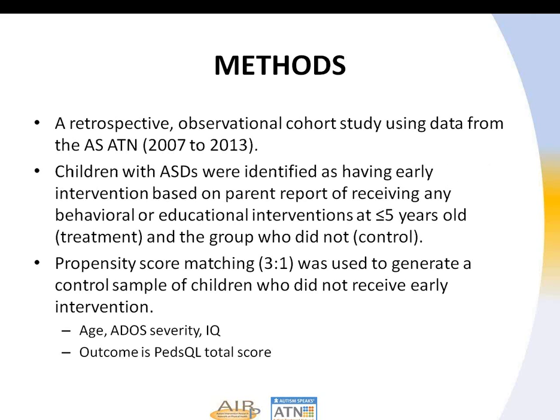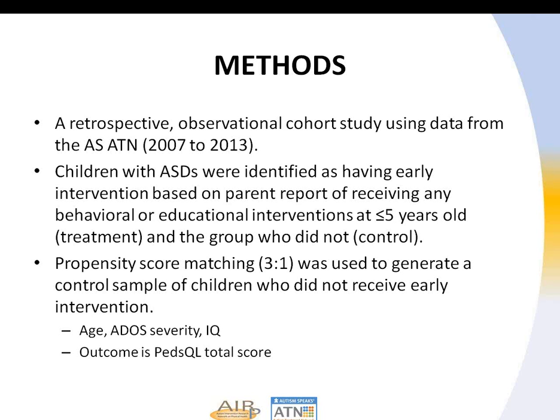Our study is a retrospective observational cohort study using data from the Autism Treatment Network from 2007 to 2013. We identified children who received intervention based on parent-reported data collected at the first visit, or at the entry point in the registry.